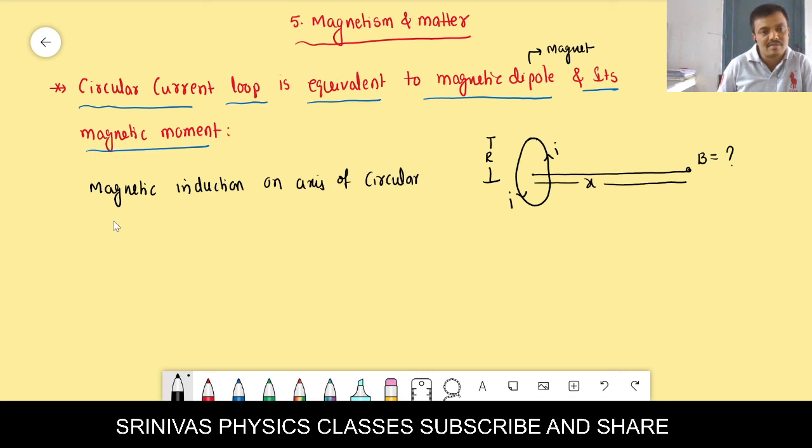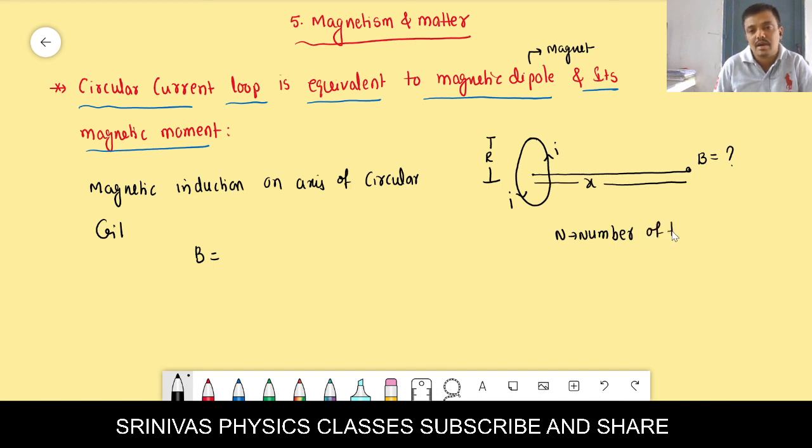This we derived previously, right? Does anybody remember this formula? What is the formula for the magnetic induction on the axis of a circular current carrying coil? If it has N turns, N is the number of turns in the coil. What is the difference between loop and coil? Loop means only one turn, coil means many turns are there.